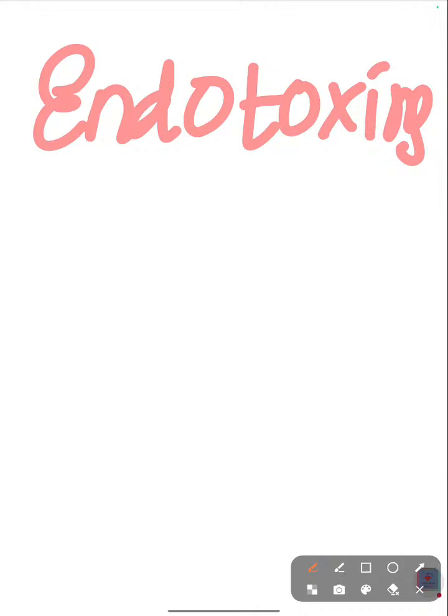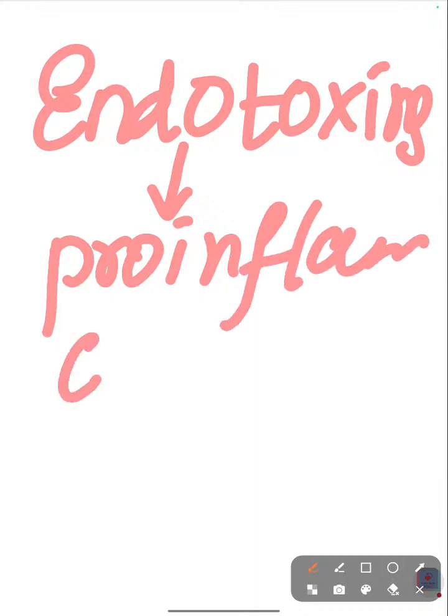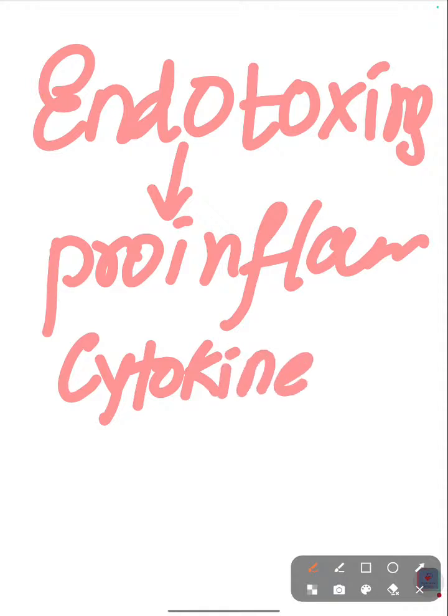This stimulates massive release of pro-inflammatory mediators, cytokines. A similar process of release of other agents takes place in the late stage of shock from other causes.